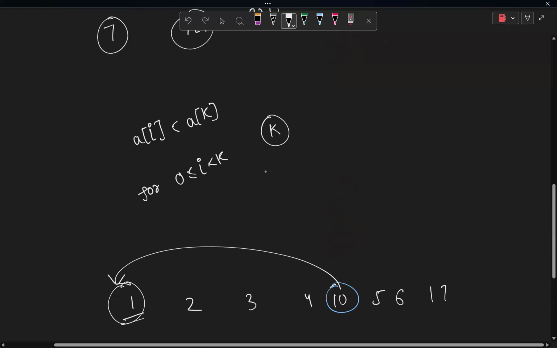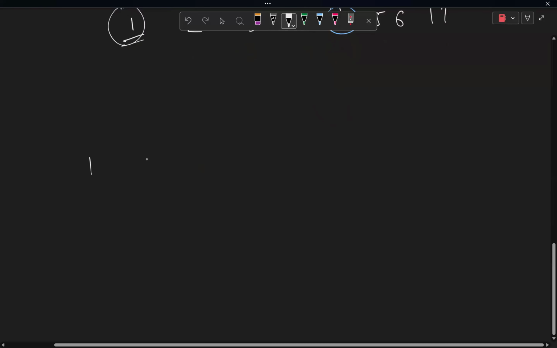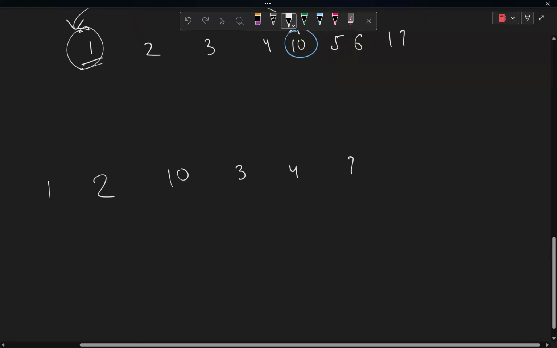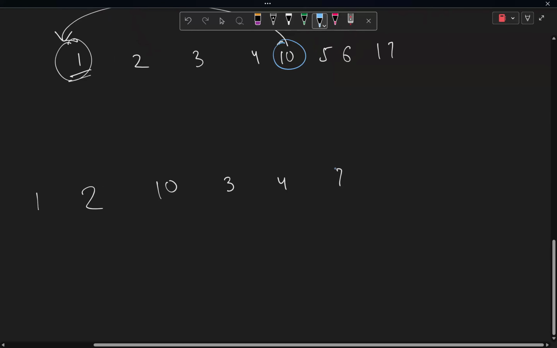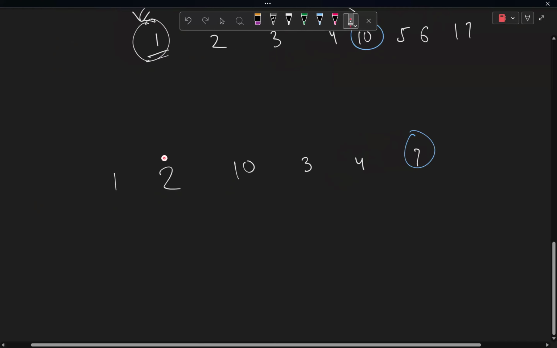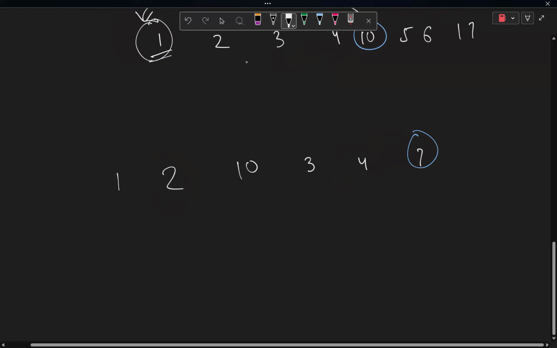Now consider a case like 1 to 10, 3, 4, 7, something like this, and this 7 is your cow. In that case, maybe here it does make sense.